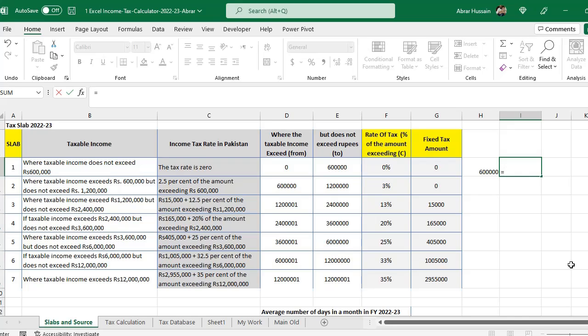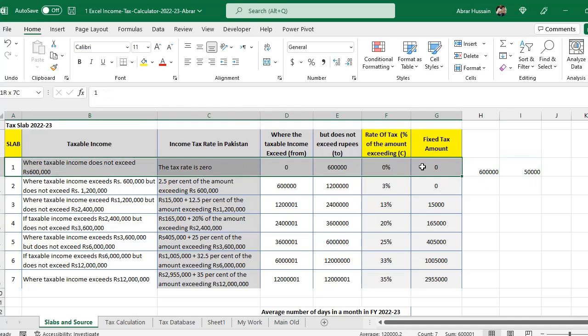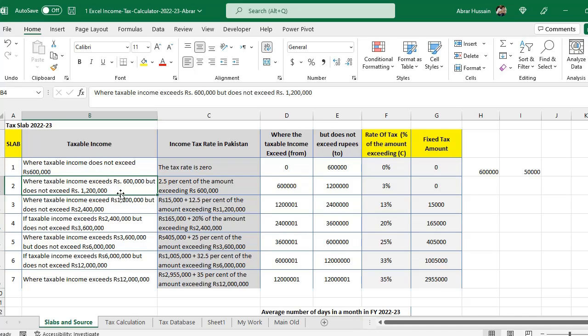It is equal to this divided by 12. So it means if your salary is 50,000 or lesser than 50,000, there is no income tax in Pakistan for such employees.